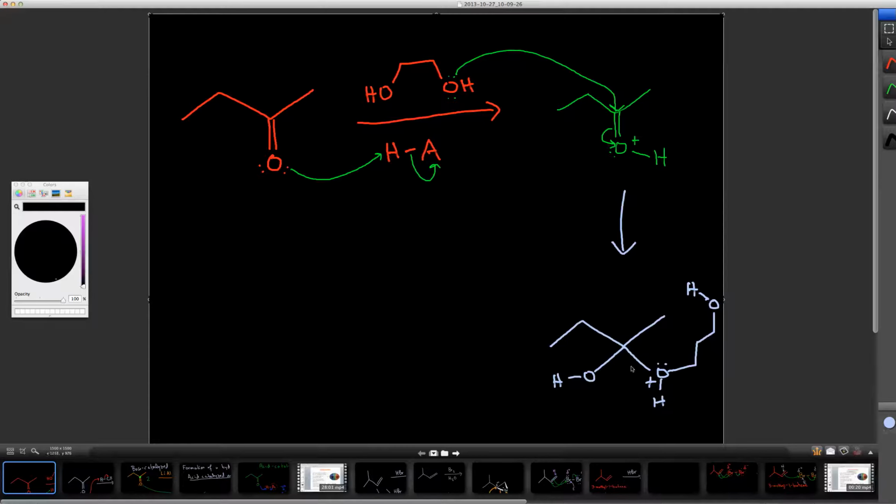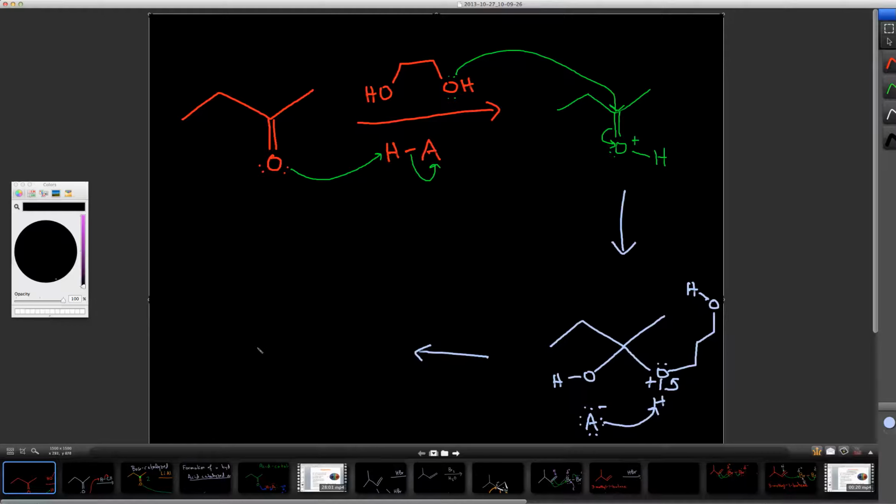Now, we need to alleviate the positive charge on this oxygen. The most likely candidate for that. So this is simply another proton transfer step. This is the conjugate base of our acid.